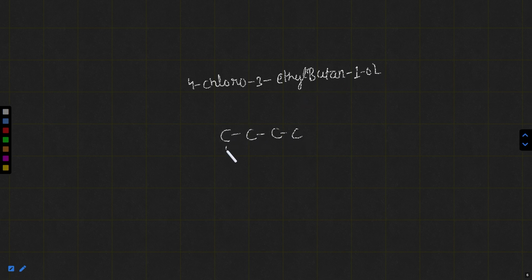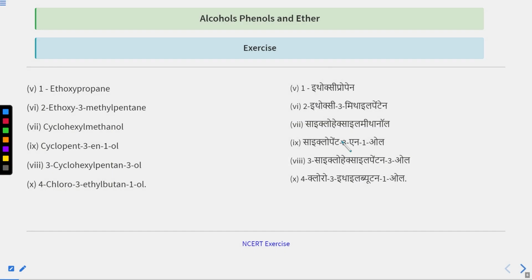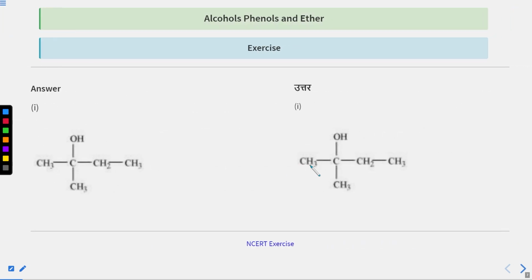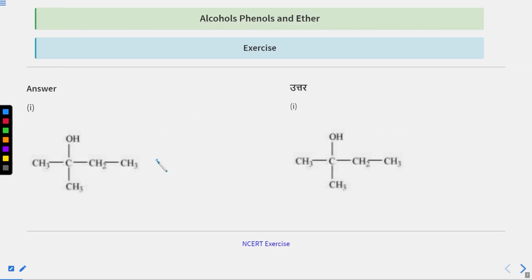First position we have alcohol, so OH here. Third position we have ethyl, so C2H5 here. And fourth we have a chlorine, so CH2Cl. Here H, here H2, and here H2 again. These are the structures. We can just match it.